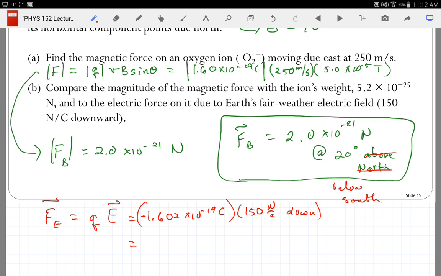So what do I get when I multiply those two together? Notice minus down makes it up. So I put it as up.